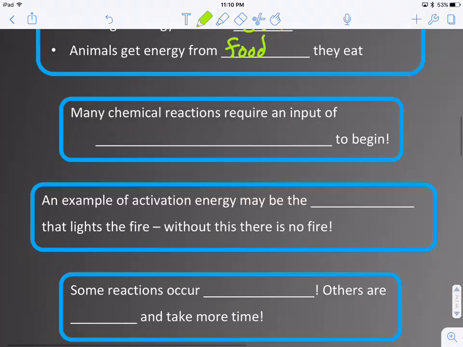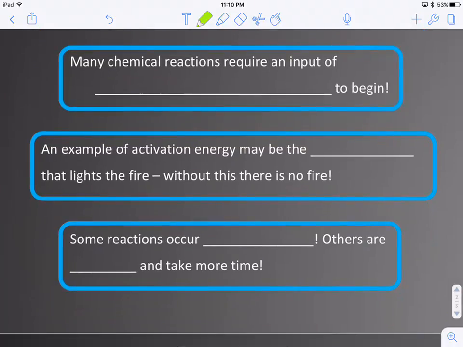What is really interesting, though, is that many chemical reactions actually require an input of what we're going to call activation energy to start the chemical reaction, okay? The best example that I can think of to use for this is right here.